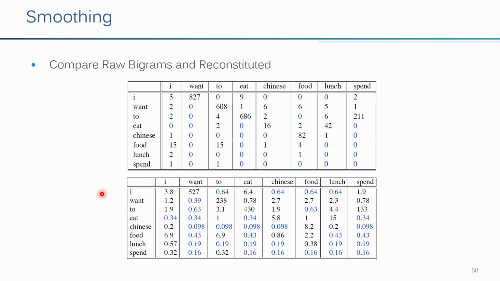And now after adding 1 to every single element in this matrix, recalculating the probabilities, and then reconstituting the counts, we see that some of them get really different from the initial count. For example, "I want" here went from 827 to 527. Other counts, since they are not that frequent in our corpus, would not be smoothed as much as this one that happens for "I" and "I". "I I" went from 5 to 3.8. The ones from 0 were normalized accordingly, and so on.